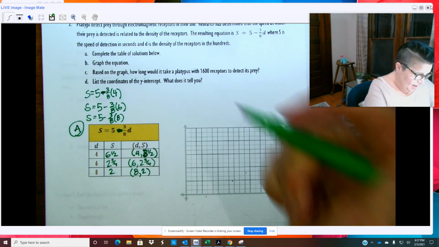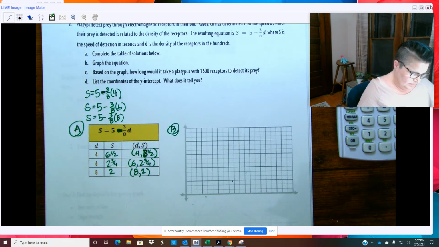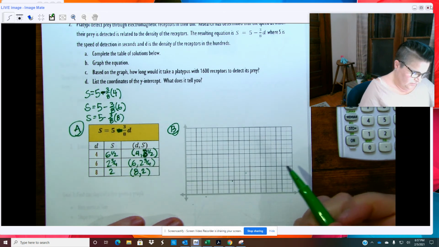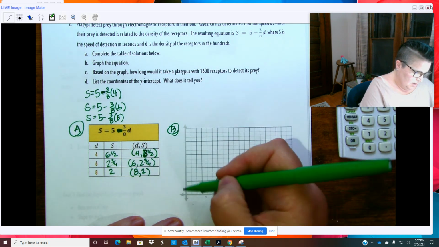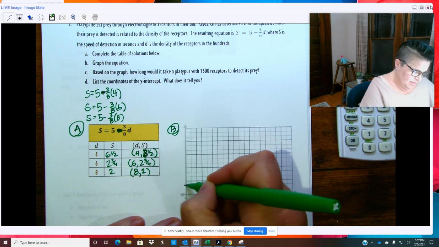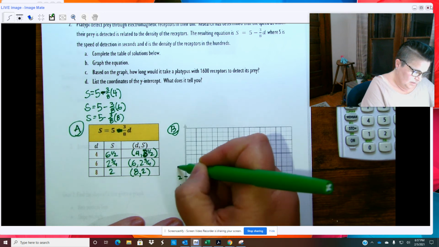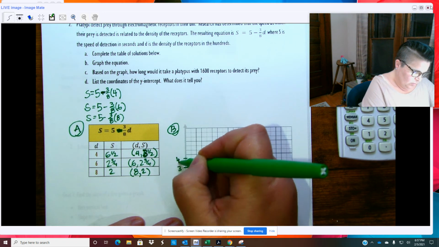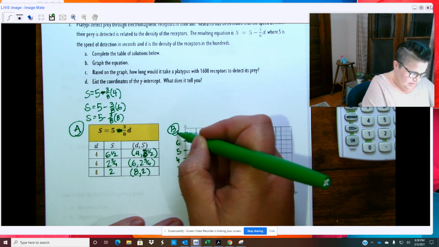Okay, so I have completed the table. Now I want to graph it. This is on halves and fourths, but I don't think I have enough. I might go by 2s. So I might make that 1, make that 2, make that 3, make that 4, 5, 6, 7.